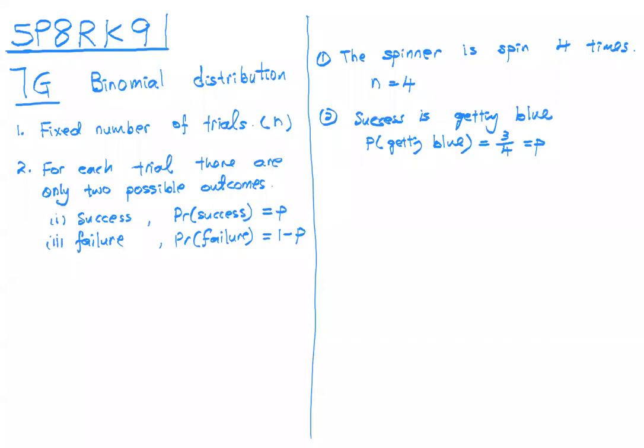So the probability of not getting a blue, that is the failure. Okay, so some books put it as Q, which is 1 minus P. In our case, it is 1 over 4.